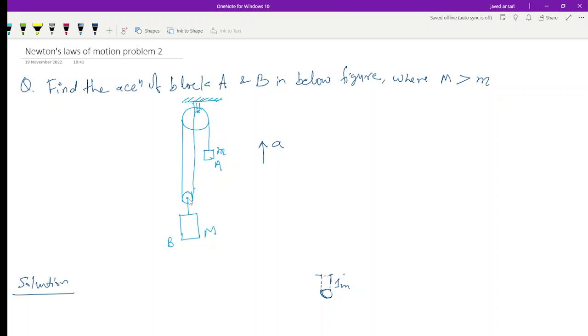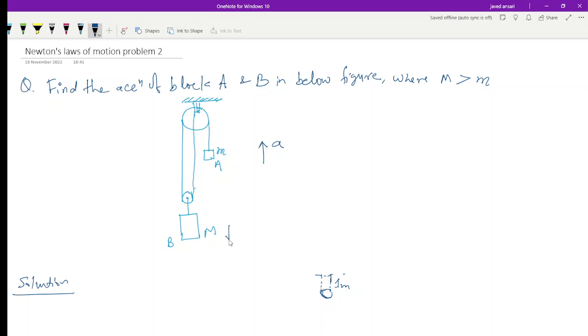Getting? Because the extra string, only this string is available. So if it moves by 1 meter, this mass will move by 2 meters up. So if the acceleration of this is a, this will become 2a. Or if this acceleration is a, then this acceleration will become a by 2.